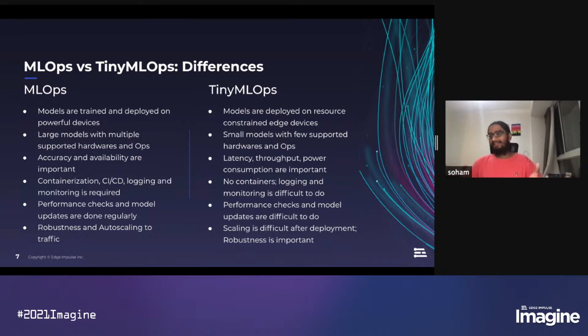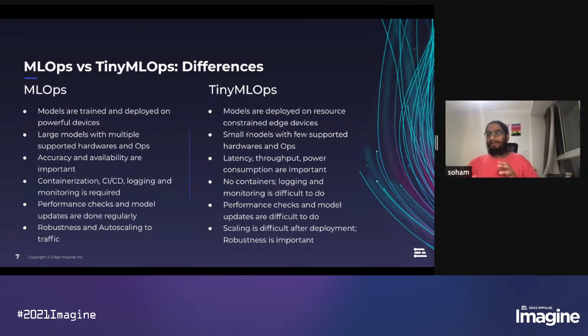You can't just add another microcontroller and expect your latency to go down by half. That doesn't happen. Also, because our models are deployed in the wild, in environments where there could be sunshine, rain, heat, dust, stuff like that, it's important that your system is really robust. And these are not issues that you have to take into account when dealing with MLOps.